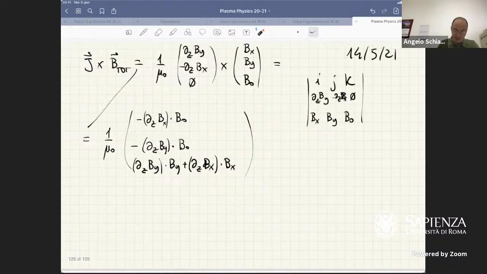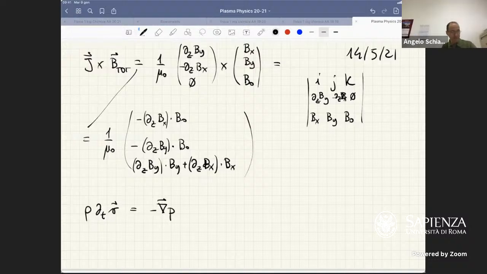So we can express this as rho times the time derivative of the velocity field equals minus the gradient of the pressure that is acting only on the Z component, plus J cross B. And if we now plug this result into our equation and we divide by rho both sides, we get 1 over rho in front of this term and 1 over rho on the other side.